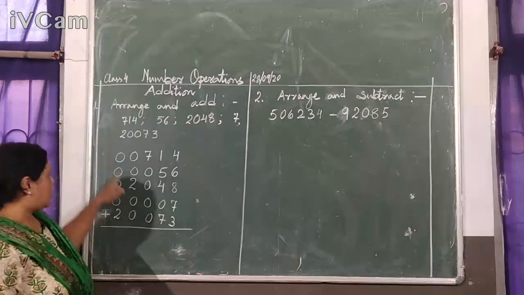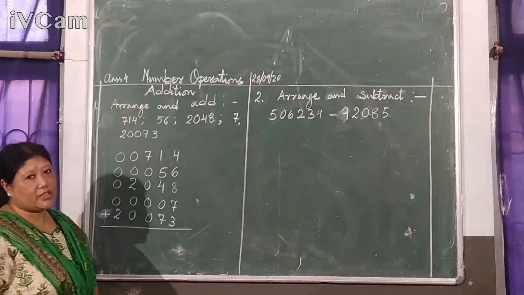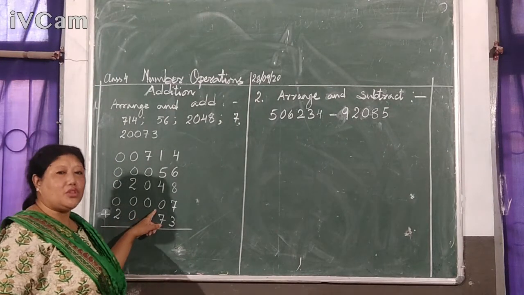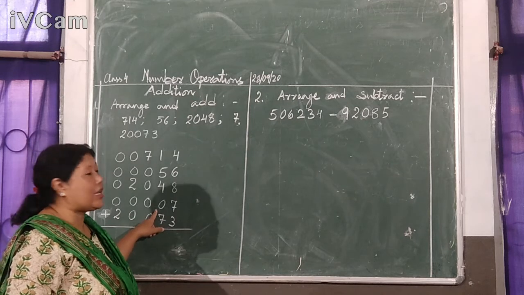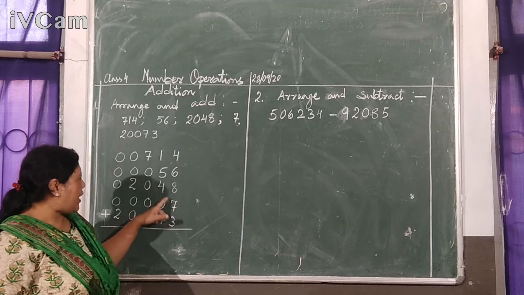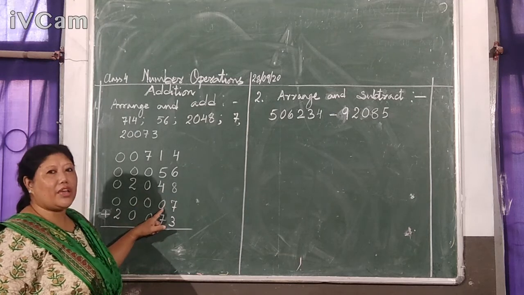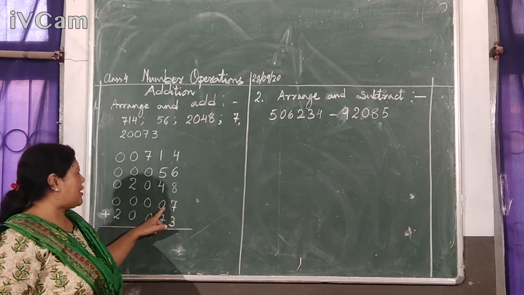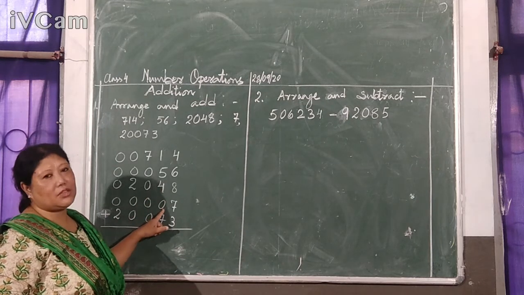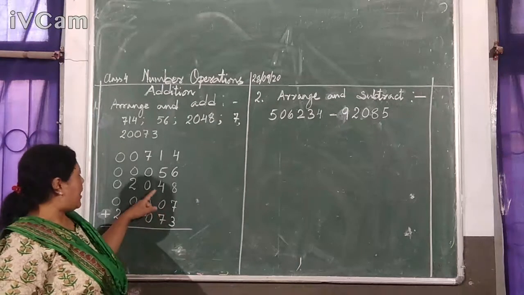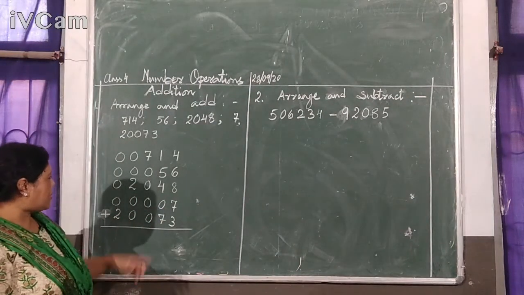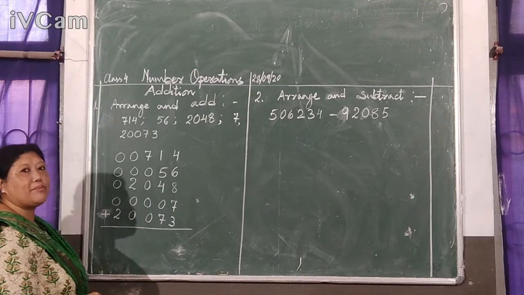Fill the empty spaces with 0, because if you are careless, and some students are so careless, isn't it? Some, not all. If there is an empty space, they carelessly write this 4 down, the 4 will come down, and the answer will be wrong afterwards. So it will be better if you put 0 in empty spaces.